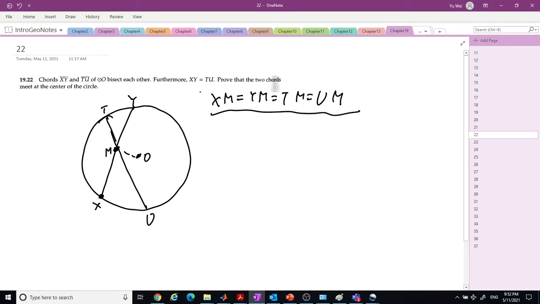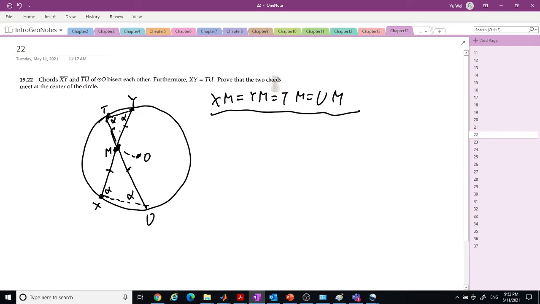Because they bisect each other, they also have the same length. So now we know we have an isosceles triangle here, right? They are congruent. Okay, so the angles are alpha, alpha, and alpha and alpha, right?